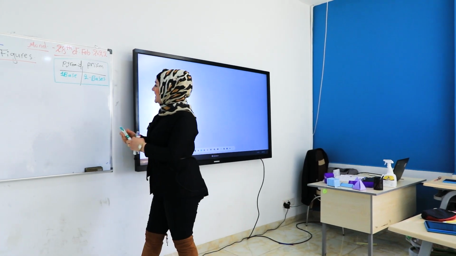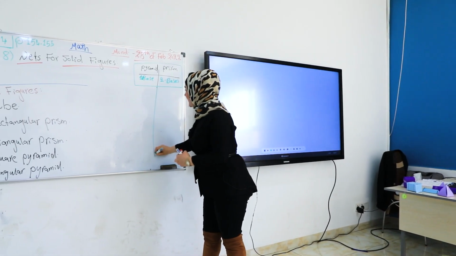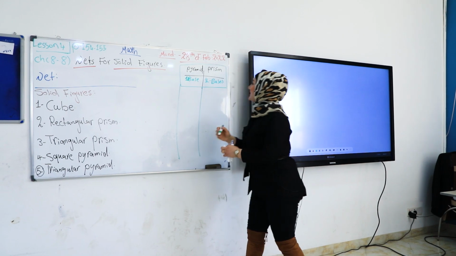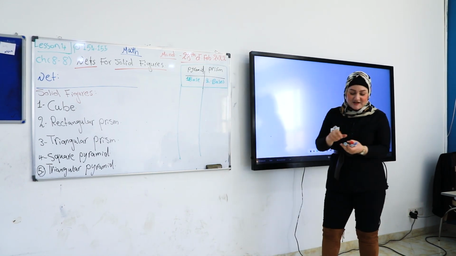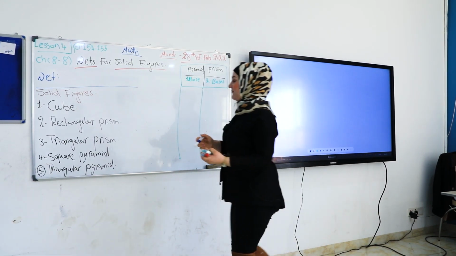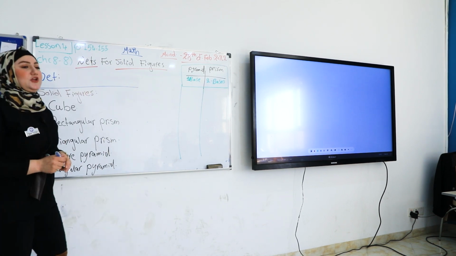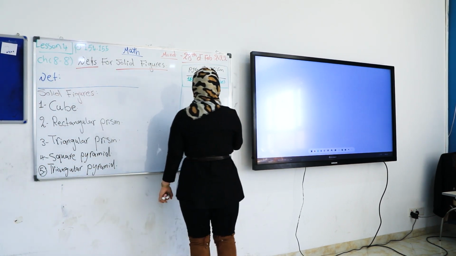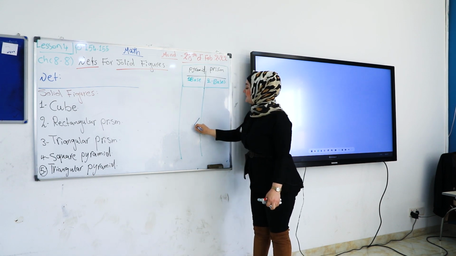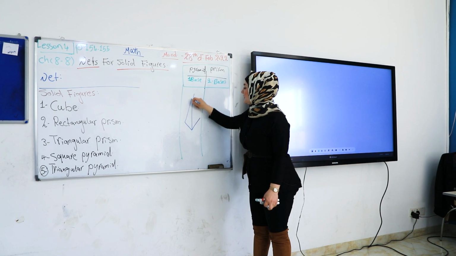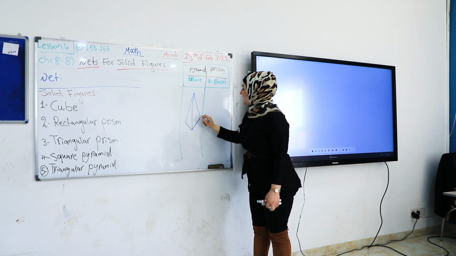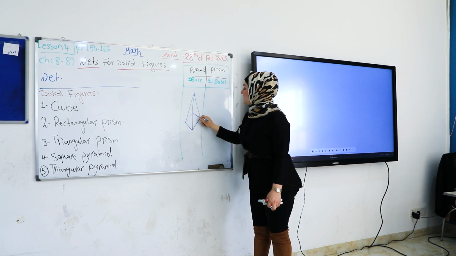For example, let us draw a pyramid and also let us draw a prism. Let me draw a square pyramid for you. A square pyramid could be drawn this way. I know it's not perfect, but yes.